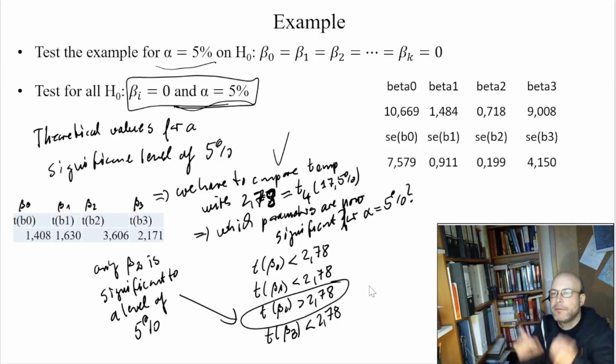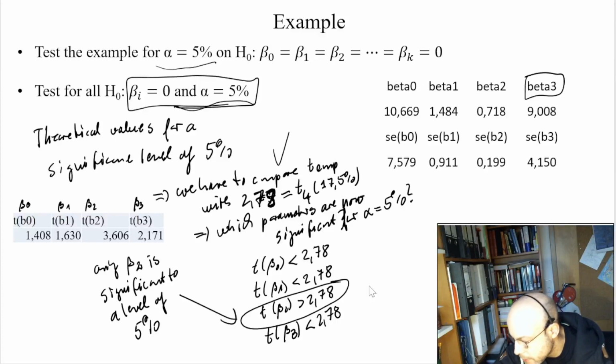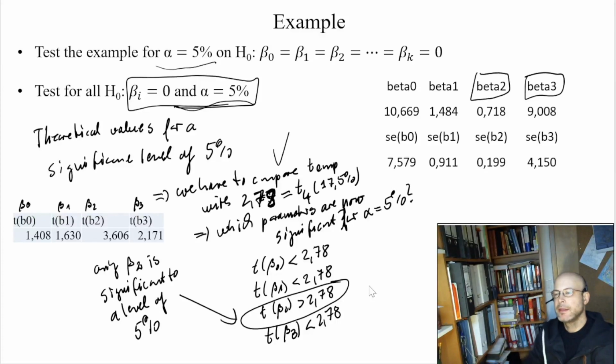So if you go further in your analysis in your enterprise, and you still have restrictions, you ask yourself, well, investing in a new store is really expensive. Maybe you don't have that much money, and then you have to choose between investing in a new store, this is beta 3, or increasing the marketing budget.